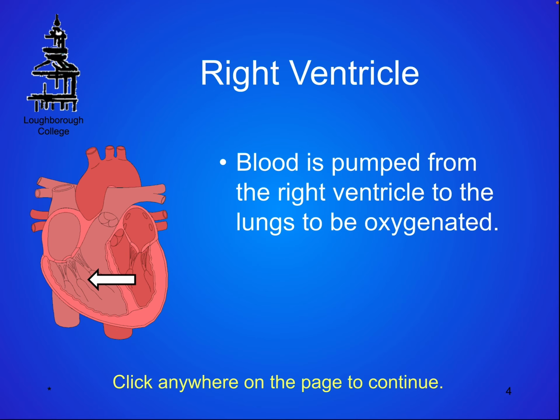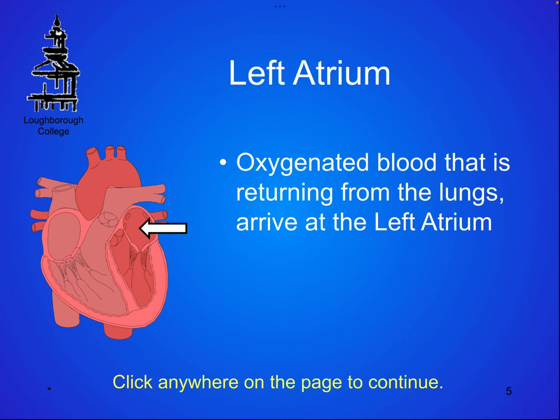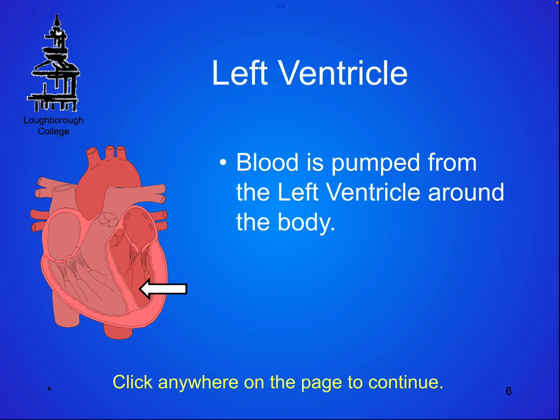So it goes into right atrium, then right ventricle. Blood is then pumped from the right ventricle to the lungs, where it gathers oxygen, and all the haemoglobin gets totally saturated by oxygen, and then it comes back into the heart again to the left atrium from the lungs. It goes from the left atrium into the left ventricle.